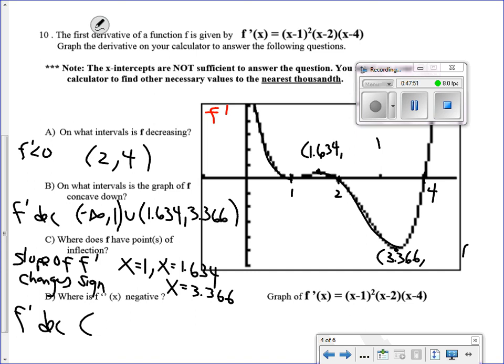So negative infinity to 1, and 1.634 to 3.366. That was a graph of the first derivative. Now in 11, we have a more typical graph of the derivative, where the values are indicated, so it won't be so hard.